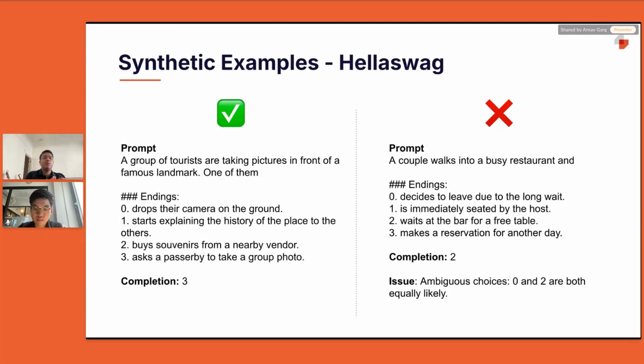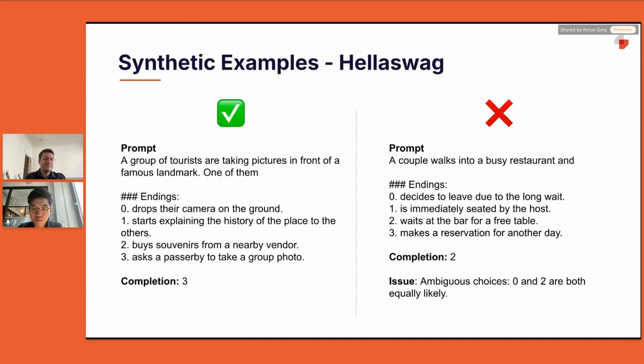However, on the right side, it's an example that is actually a very poor example, and poor examples tend to hurt LLM performance quite a bit. You'll see that in the second case, it's a very simple prompt. A couple walks into a busy restaurant, and there are 4 possible endings. But when you observe this example, you'll notice that choice 0 and choice 2 are both equally valid.